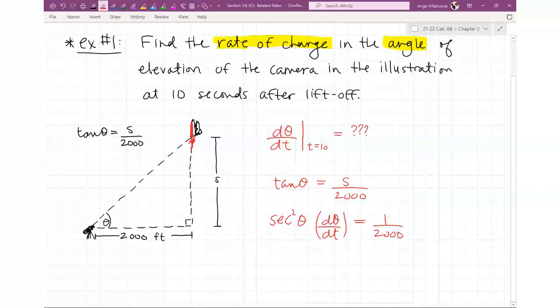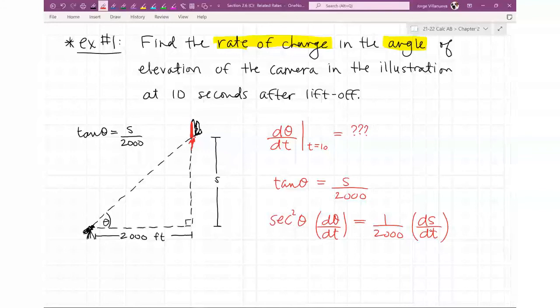What is the derivative of S? It's 1 what? Yeah, ds dt, right? So 1 ds dt. That's what we end up with for our derivative.